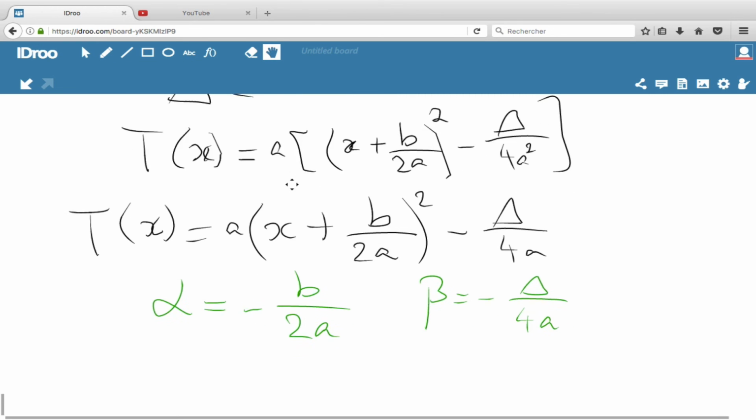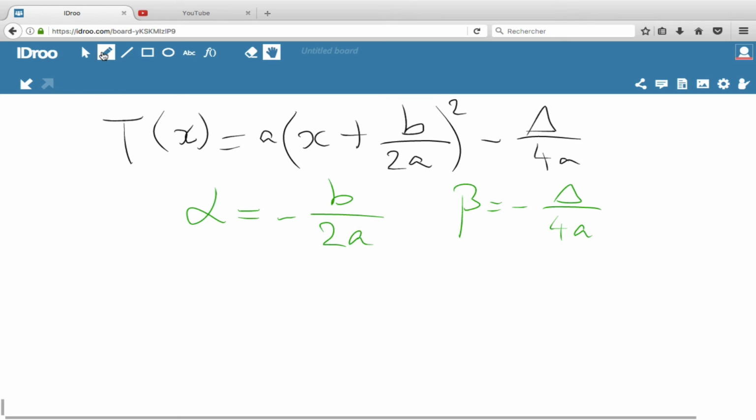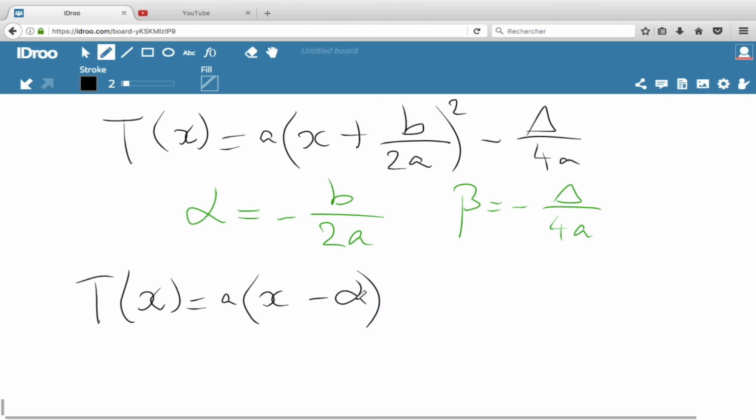And now we've got what we can call the canonical form, which is a times x minus alpha, all squared, plus beta, the same as we have seen on GeoGebra. This standard form is really convenient.